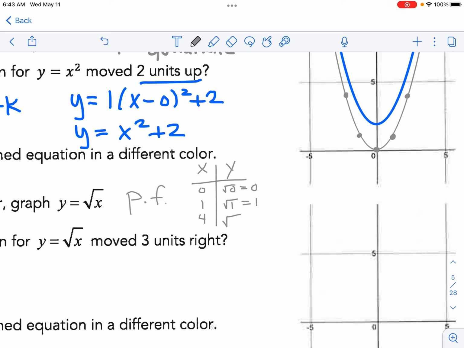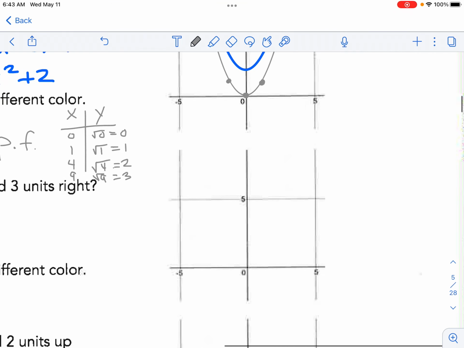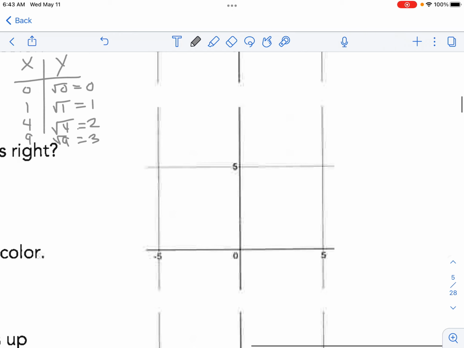Square root of 4 is 2, right? It's just a parabola on its side. 5 isn't, 6 isn't, 7 isn't, 8 isn't, 9 is. We can square root 9 and get 3. Although that already puts us off the graph. So our parent function looks like 0 and 1, and then we're all the way out here at 4 just to get up to 2, and it looks something like that.